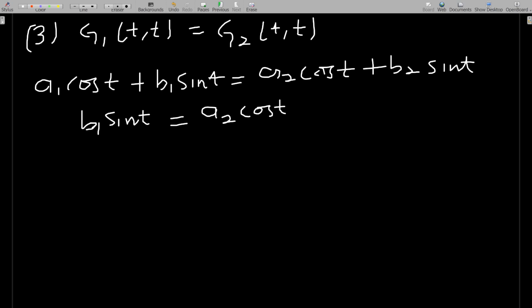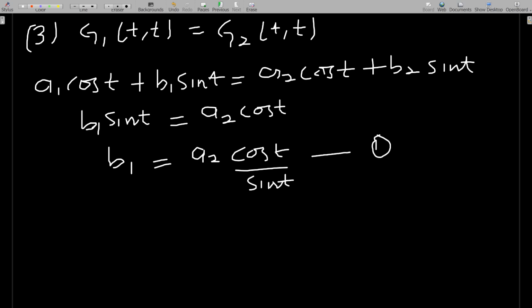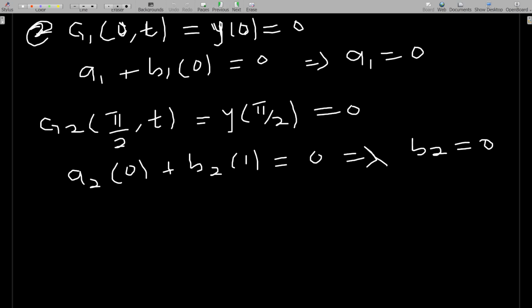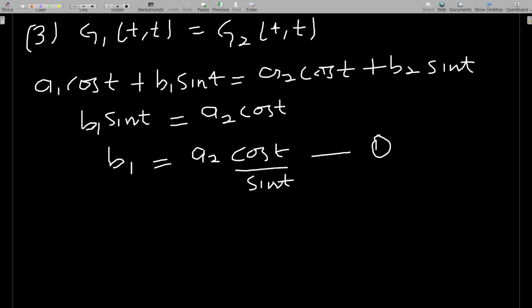So you can simply make one of them the subject, and this implies that b1 is equal to a2 cos t over sine t. Let's name this equation 1. We know a1 and b2 already, so this we don't know.